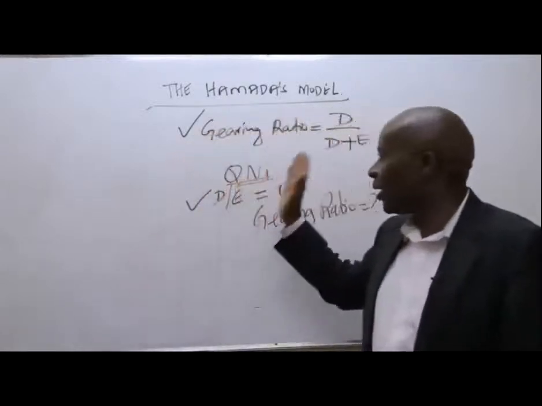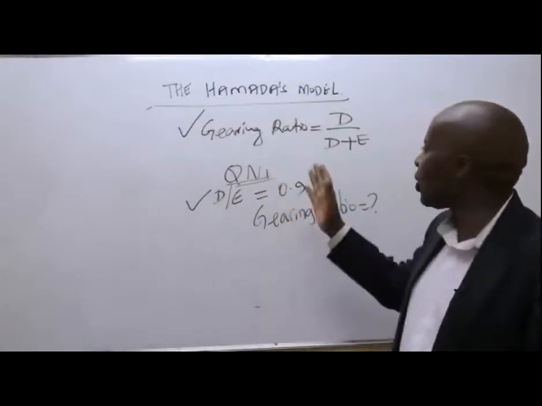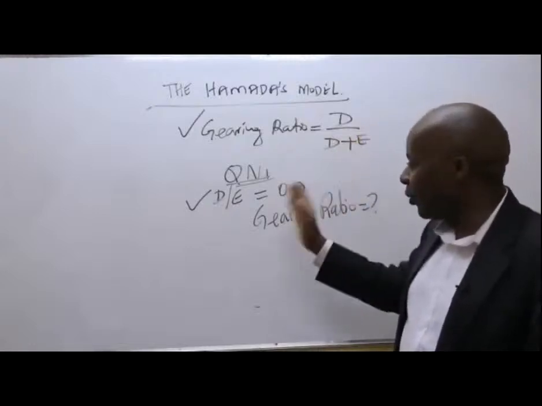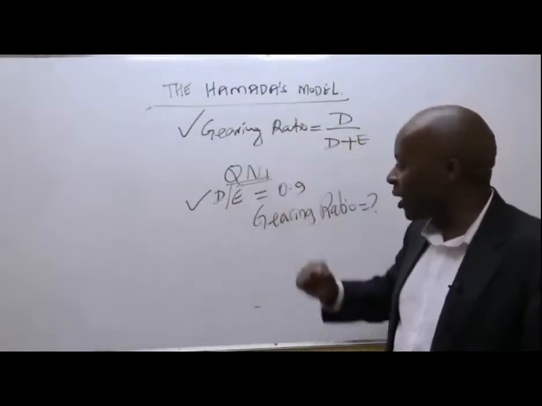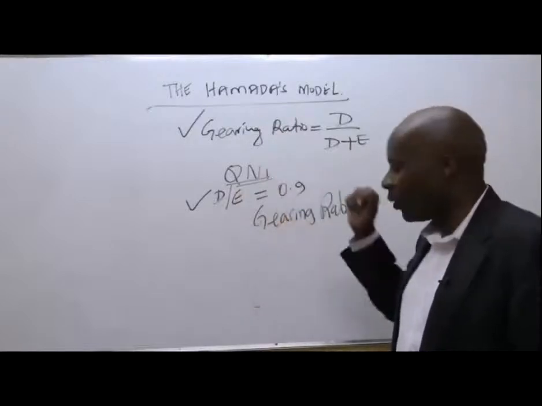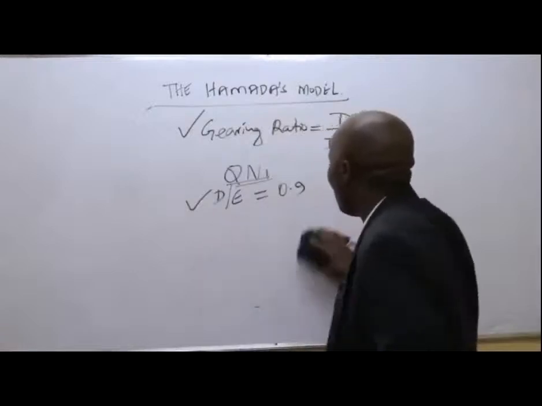Just know that we shall be dealing with gearing ratio. And the gearing ratio is debt over debt plus equity. And then we have a small question where this person has given us the debt to equity ratio, which is 0.9, and then they want us to give them the gearing ratio. Ladies and gentlemen, listen to me very well.